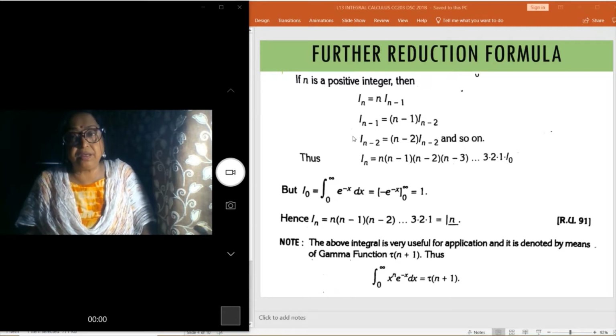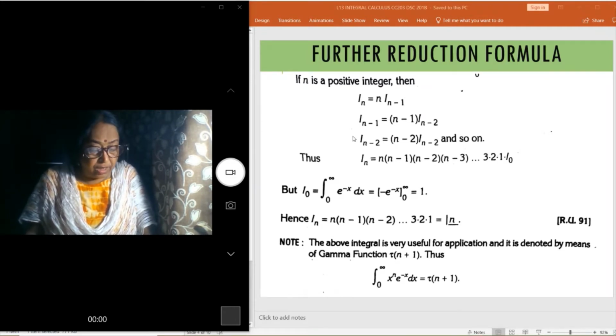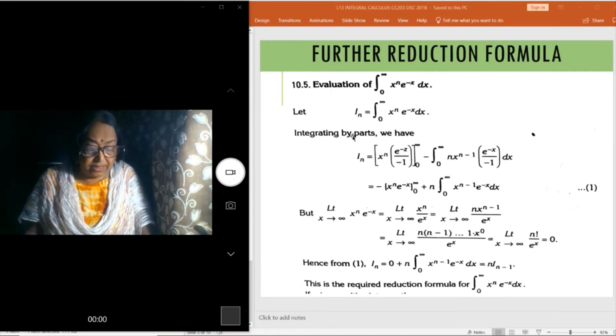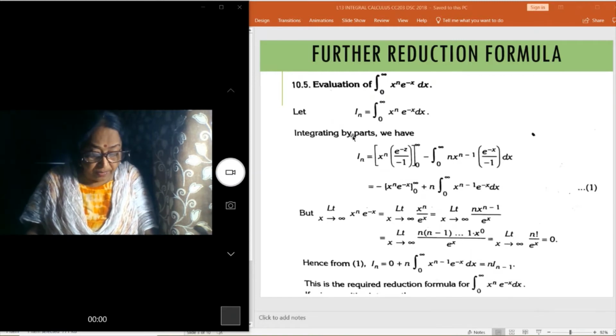Something to the power 0 is equal to 1. So it ultimately becomes, when limit x tends to infinity, n factorial by e to the power x. When here we put x equal to infinity, it is equal to 0. So the limit of the first factor becomes 0.